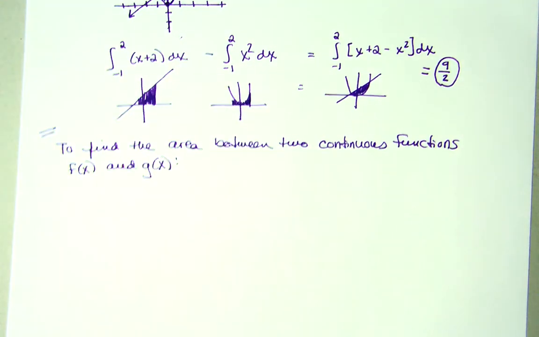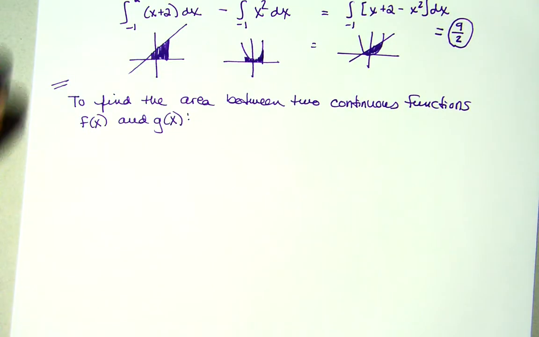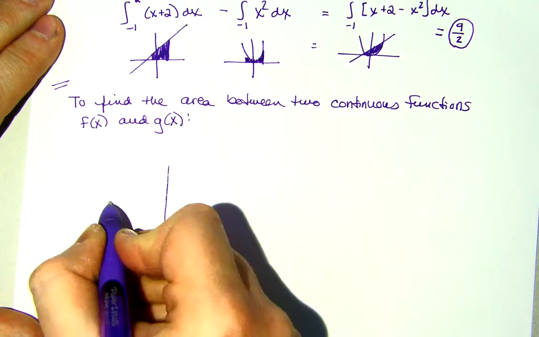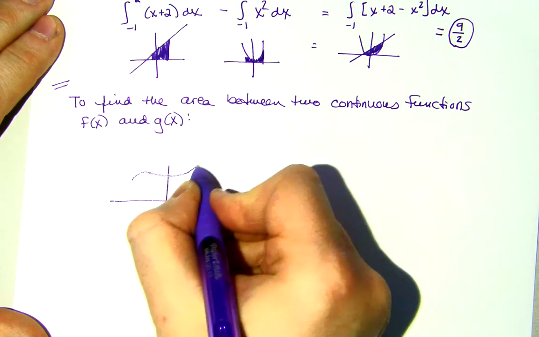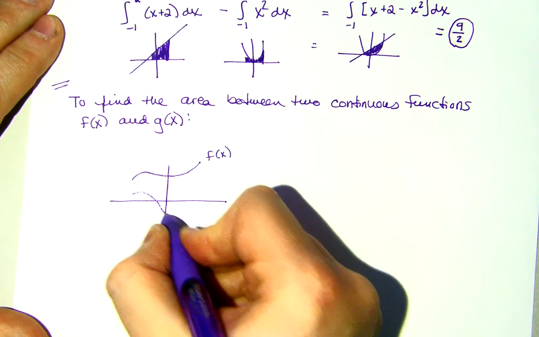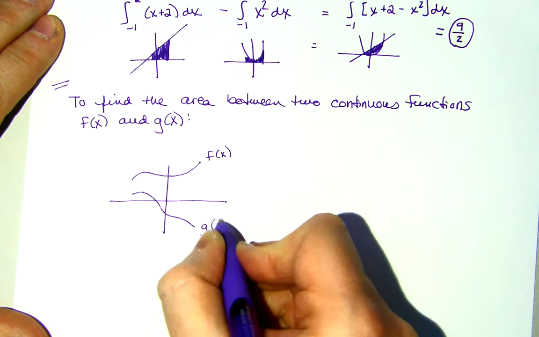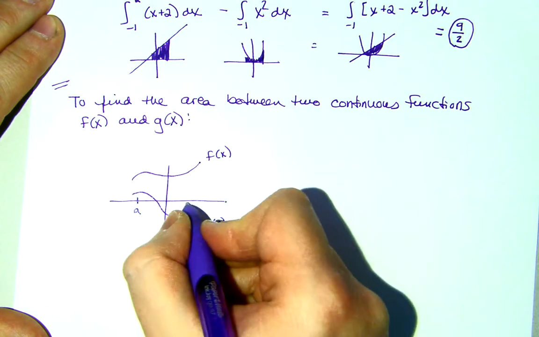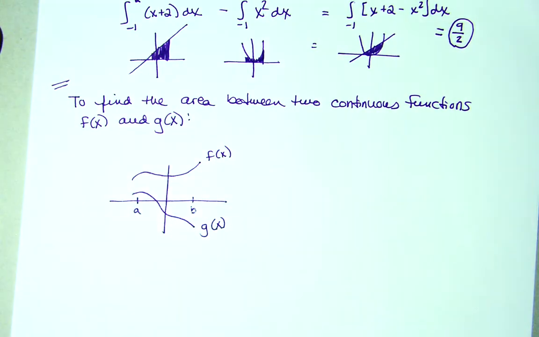To find the area between two continuous functions, f of x and g of x, I'm going to say that this thing over here is f of x, maybe this thing over here is g of x. I want to find the area, not necessarily bounded by them, but just over some sort of interval.